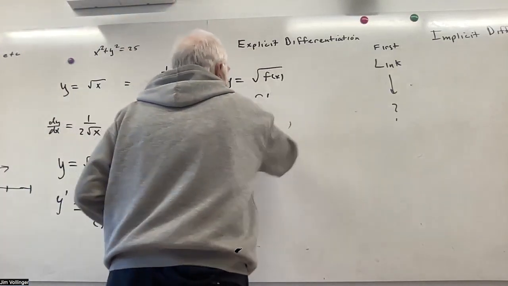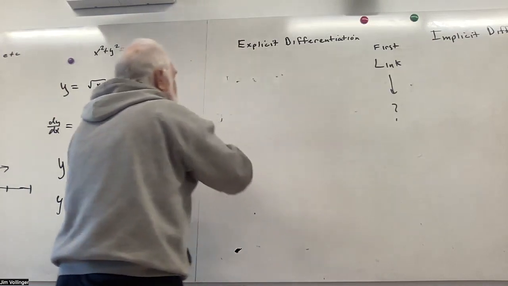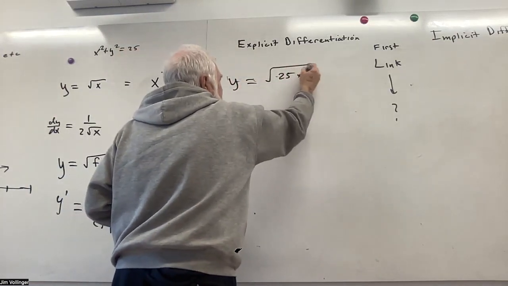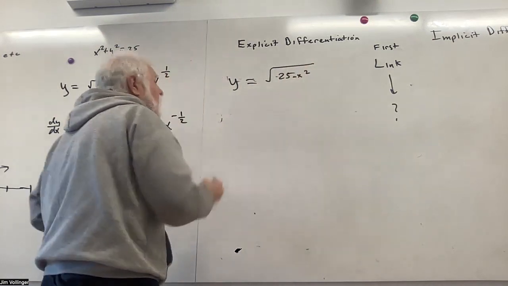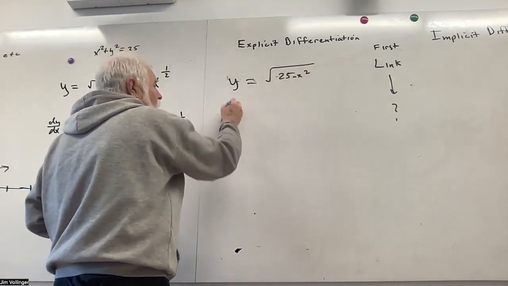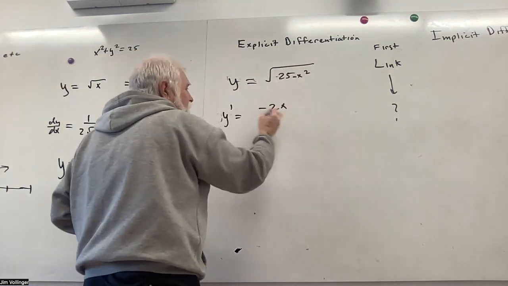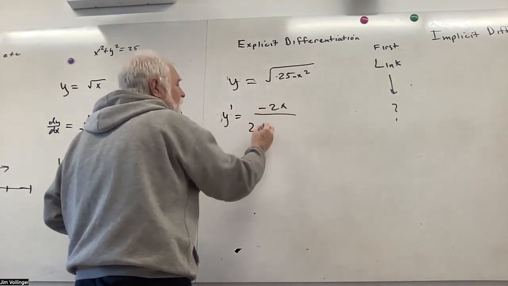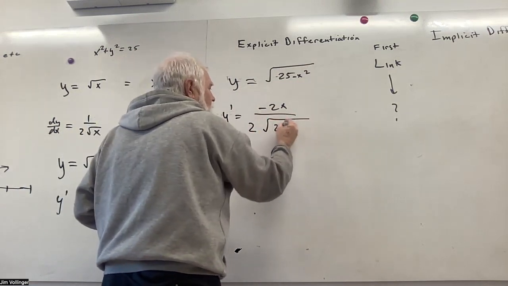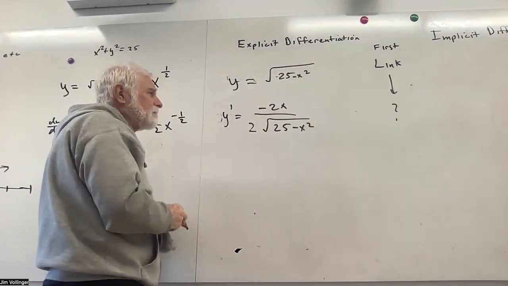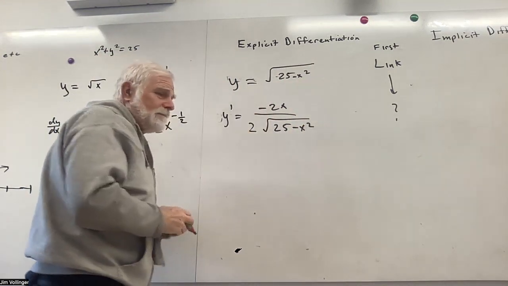Let's look at y equals the square root of 25 minus x squared. By our definition, y prime is the derivative of what's inside, which is minus 2x, over 2 times the square root of what's inside. Obviously the 2's can cancel, and we'll do that in a moment.